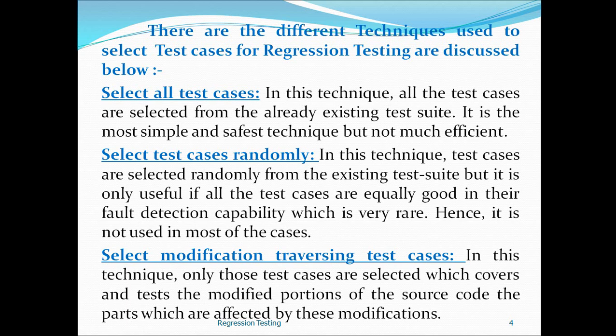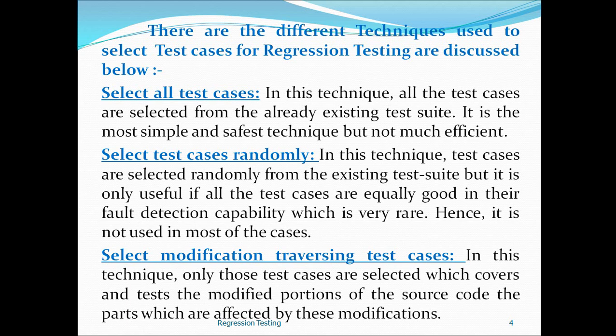This is because the developer has to select the test cases randomly. However, when a new functionality is added, the developer has to change the code and integrate it with the existing code.